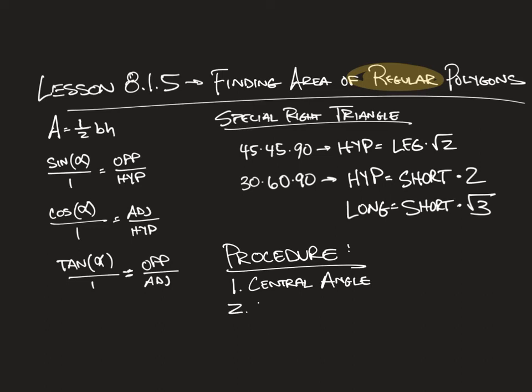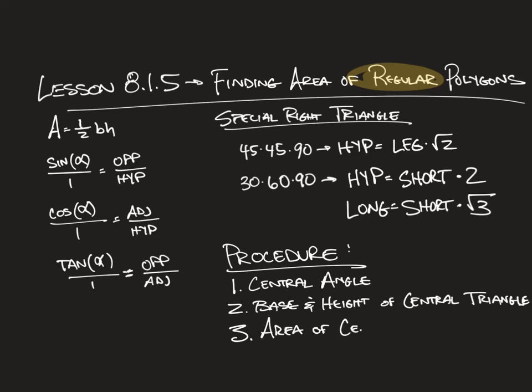Second thing I'm going to be doing is finding a base and a height of the central triangle, and again I'll show you what that is when we see an example. Third thing I'll be doing is finding the area of that central triangle. And last but not least, fourth, we'll be finding the area of the regular polygon, which is the title of this lesson.